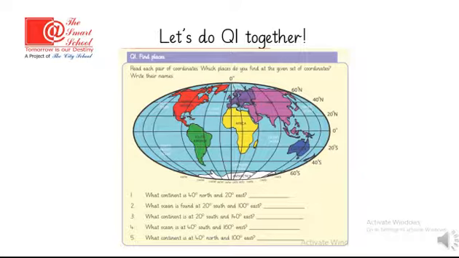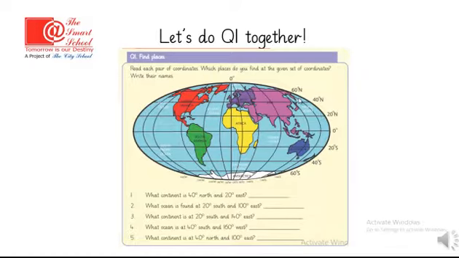You will find this question on page number 5 of your book, and students having the old print might not find this question in this form, though the question is there also, but you will not find this map. So no need to worry about it. You just go to Google Classroom and you will find this exercise.